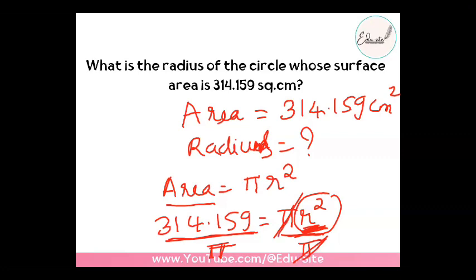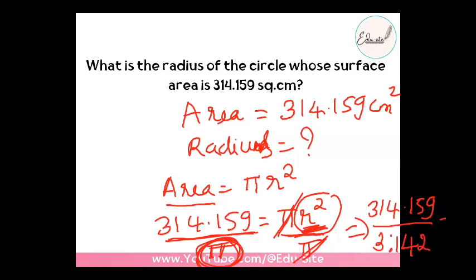Can we not apply a value for this pi? Yes. 314.159 over, what is the value for pi? 3.14. 3.142, which is equal to r squared, right? Can you just solve this for me?